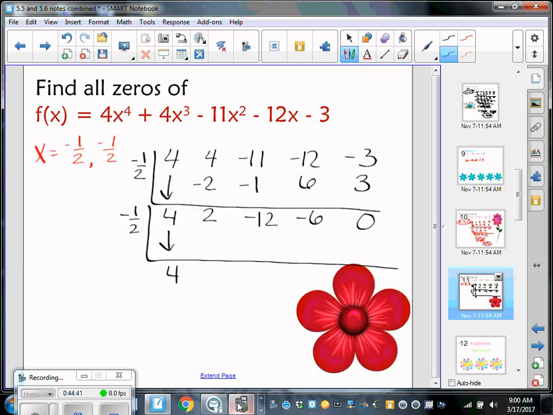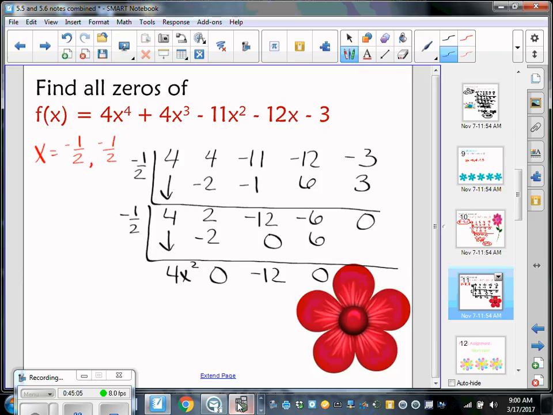We're almost done. Last problem. -1/2 of 4? -2. 0. Negative half of 0? Gives me negative 12. Negative half of negative 12? 0. Yay. All right. So I started x to the 4th. I did synthetic twice. I'm down to x squared.